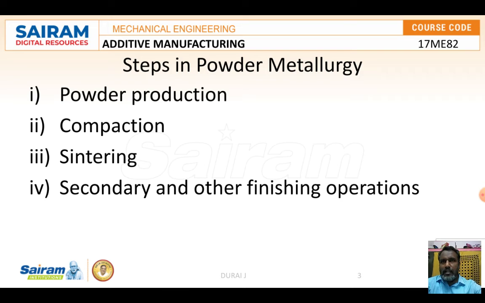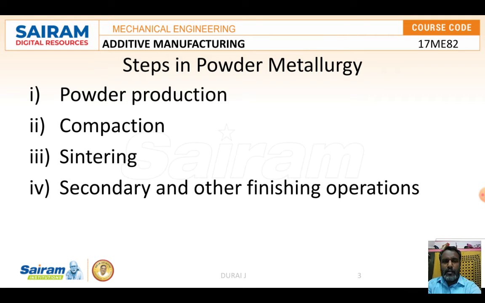Then comes the next thing, sintering. In the sintering method, the green compact is heated in a furnace under a controlled atmosphere. It is used to bond the particles for metallurgical purposes. Sintering is carried out at a temperature of about 70 percent of the absolute melting point of the material.